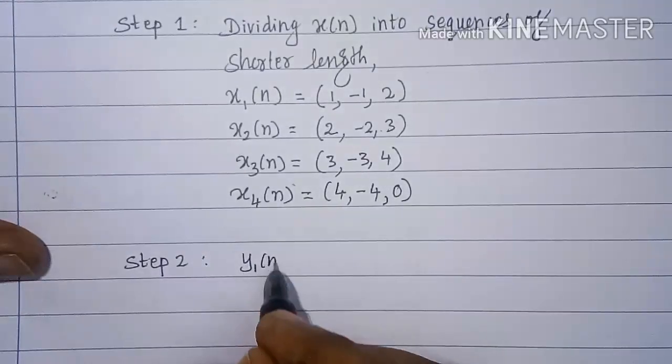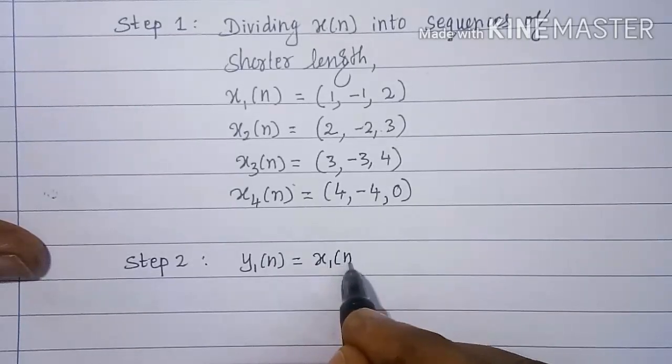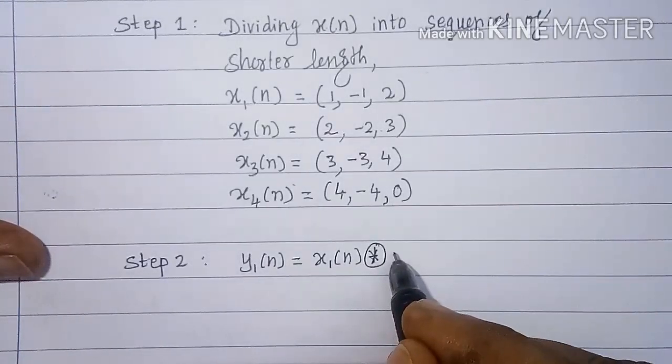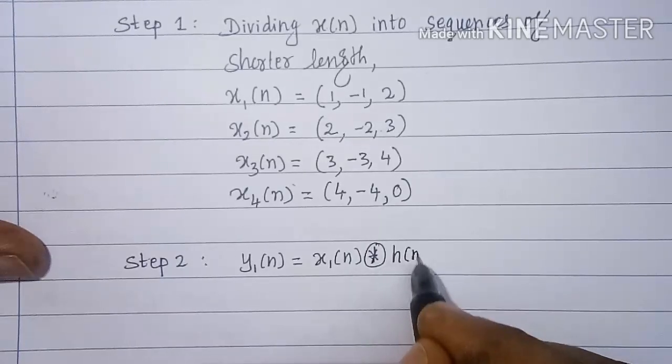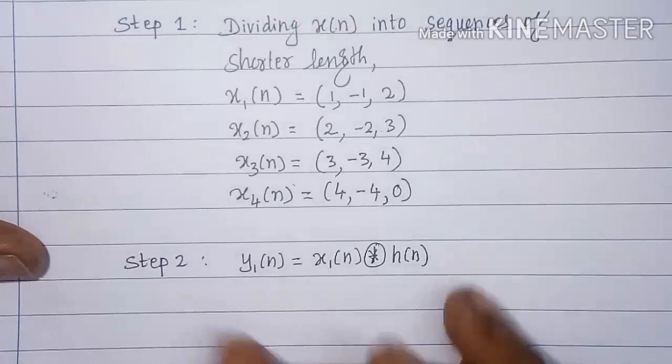So y1 of n is equal to x1 of n circularly convolved with h of n. We'll use the matrix method here.